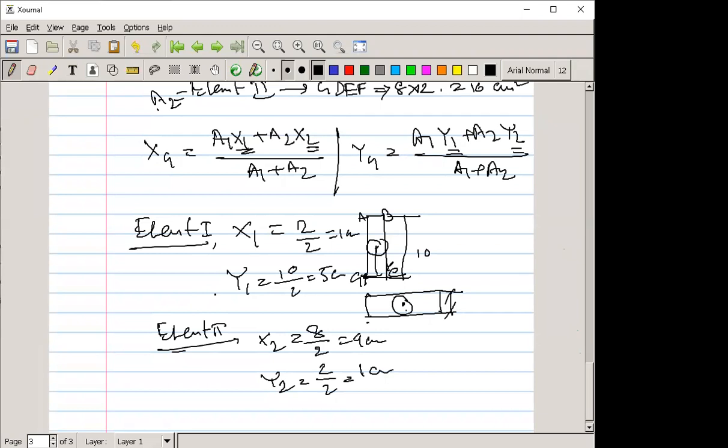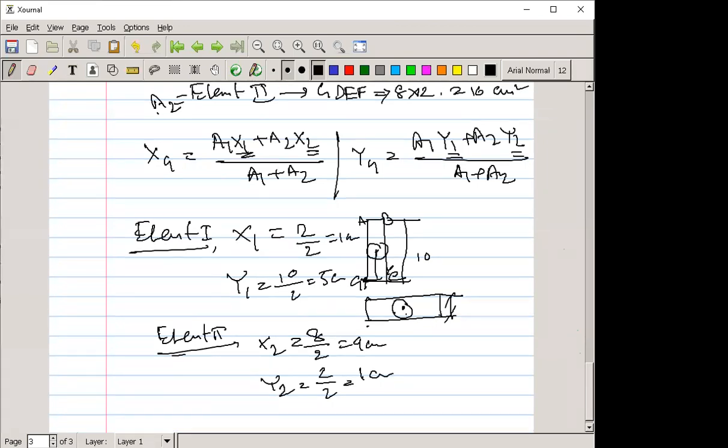Now what we have to do, as I have already taken this portion, up to this is it clear, right? As I have taken already this length, instead of this length I have taken this one as 10.